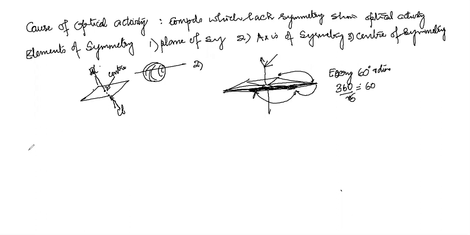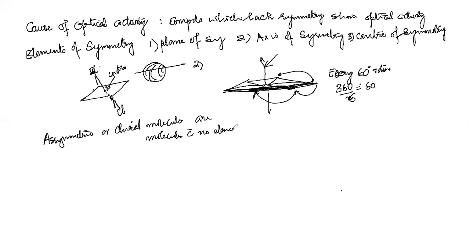So an asymmetric molecule or chiral molecule is a molecule with no element of symmetry. That is what is called an asymmetric molecule or chiral molecule.